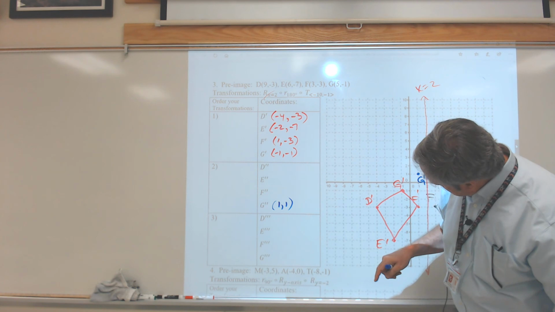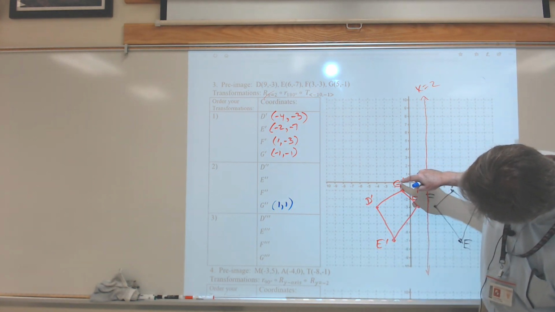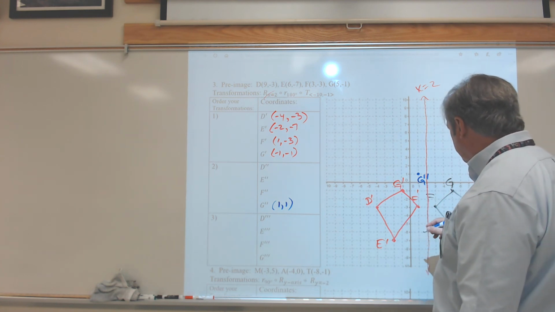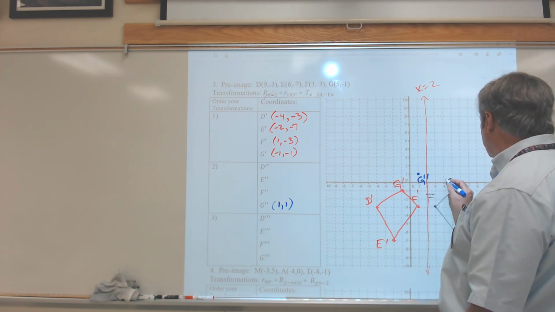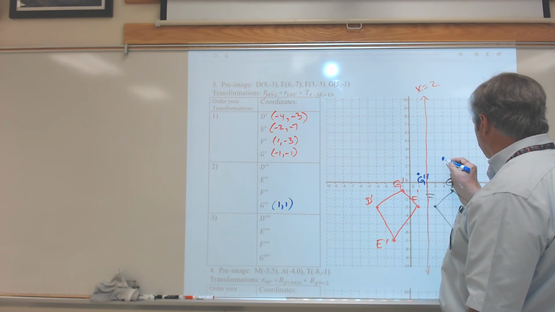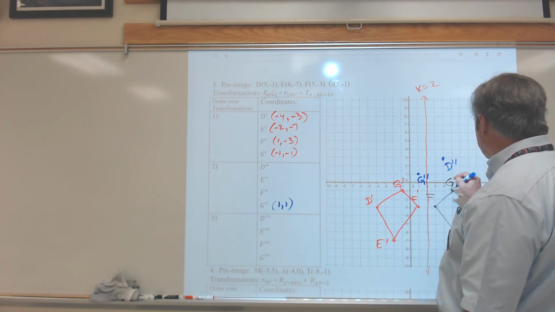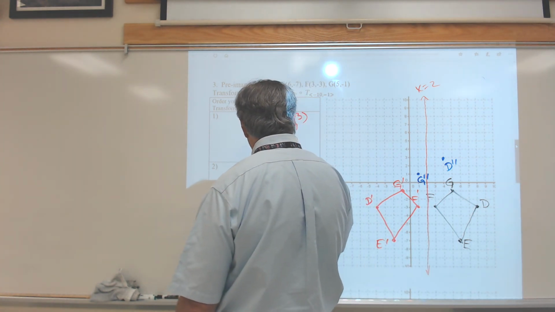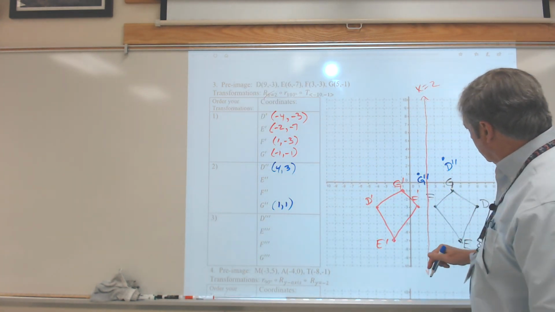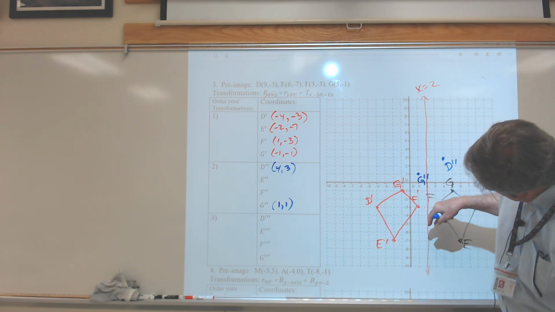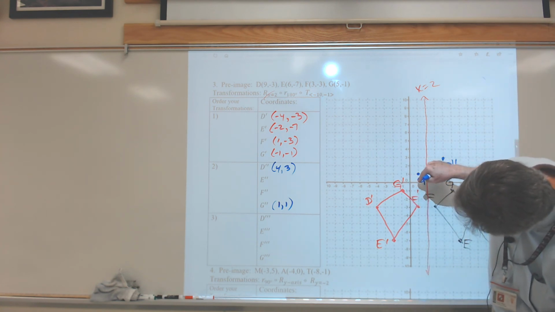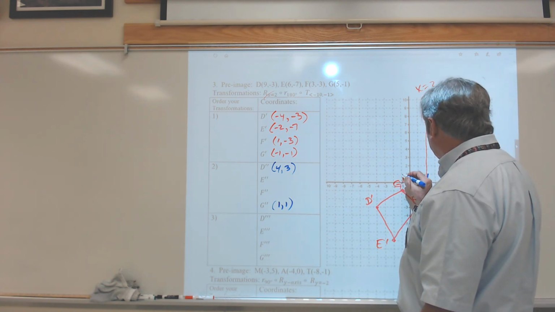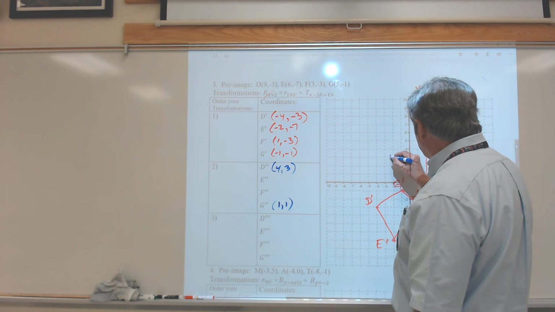All right, I'm looking at D prime, and that's at 1, 2, 3, 4, 1, 2, 3. So I'm going to go 4, 3. All right, so that would be D double prime, and that's 4, 3. And let's see, what have I done? I need to do F. All right, so I'm looking upside down. F is at negative 1, 3. That was F prime, so negative 1, 1, 2, 3. F double prime.